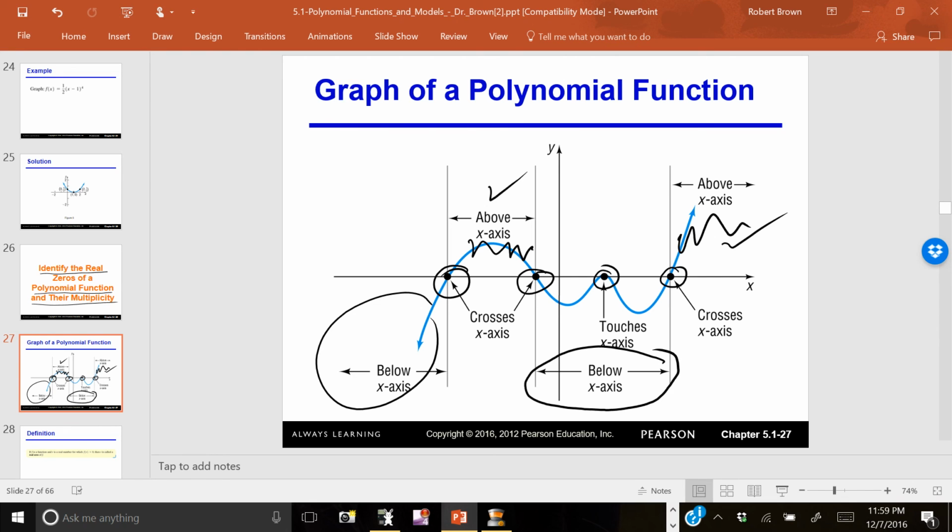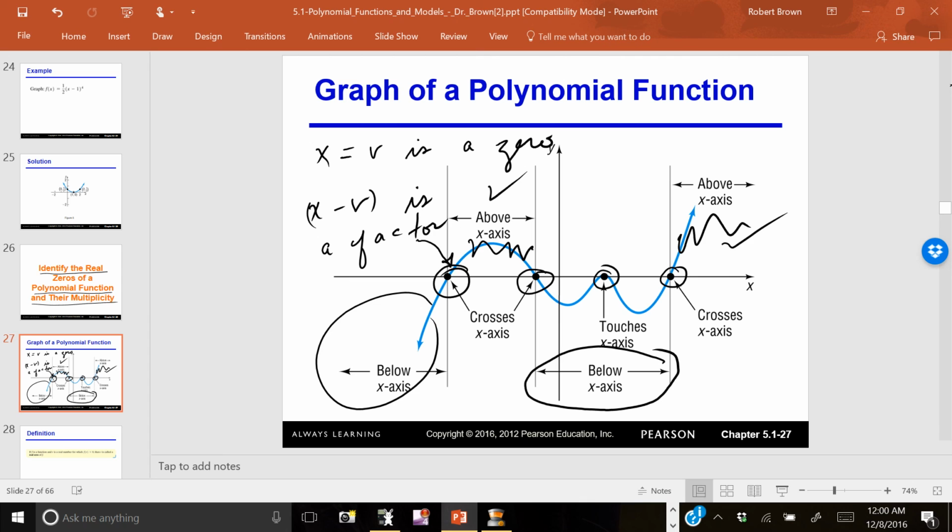And these will be zeros, and if x equal r is a zero, x minus r is a factor, and we're going to talk about the multiplicity of these zeros.